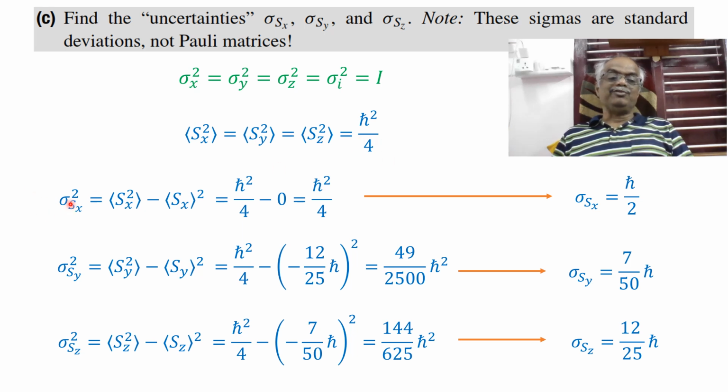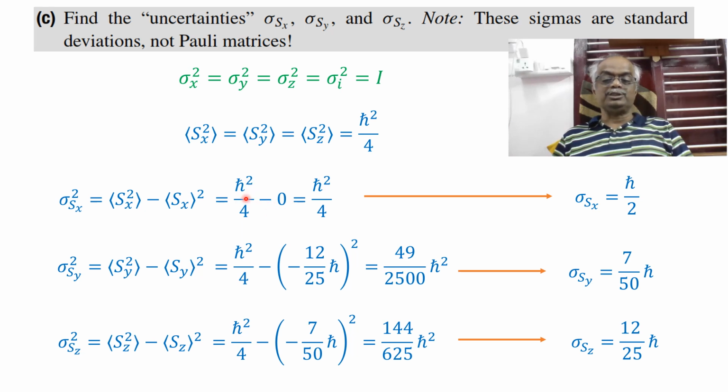So by definition, the variance is equal to the expectation value of Sx squared minus the square of the expectation value of Sx. The first term will be h cross squared over 4. We have seen that the expectation value of Sx is 0, just now we have seen.